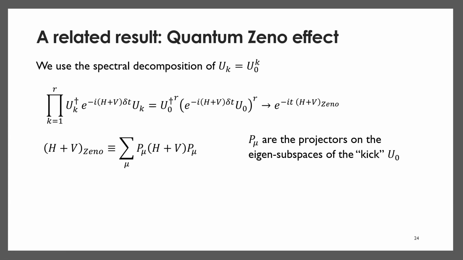Because we choose this U0 to be part of the symmetry of the system, this subspace will also correspond to the symmetry subspace of the system. So basically, we are projecting the evolution onto the symmetry subspace of the system.